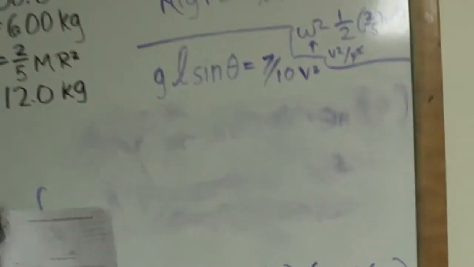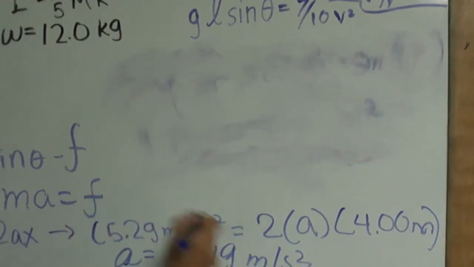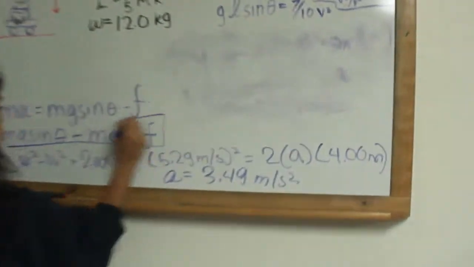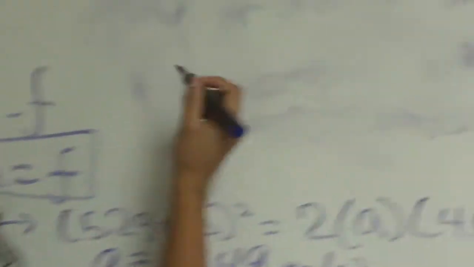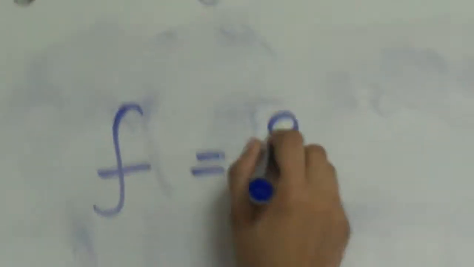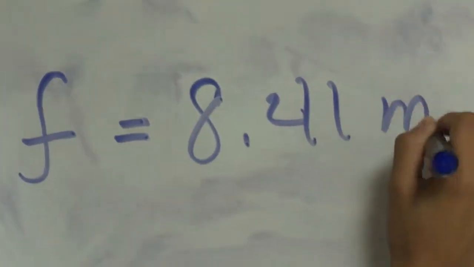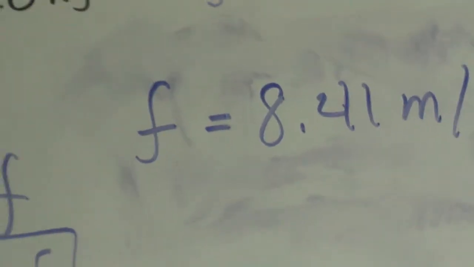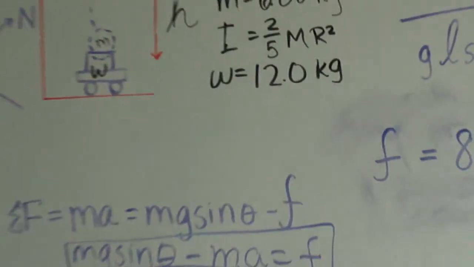Alright, we plug that acceleration into here. And if you do the math out, you're going to get that the friction force F is equal to 8.41, and that's the end of part C.